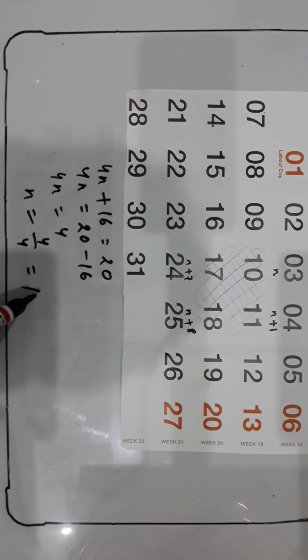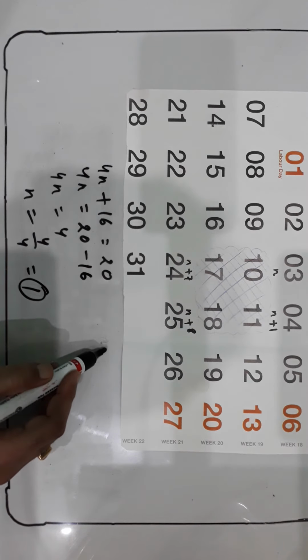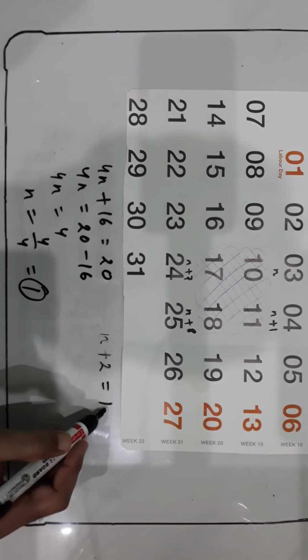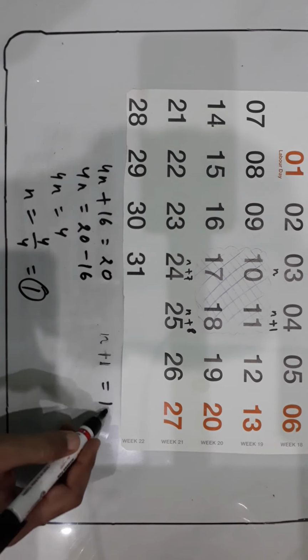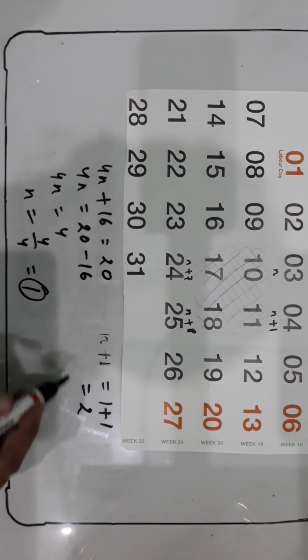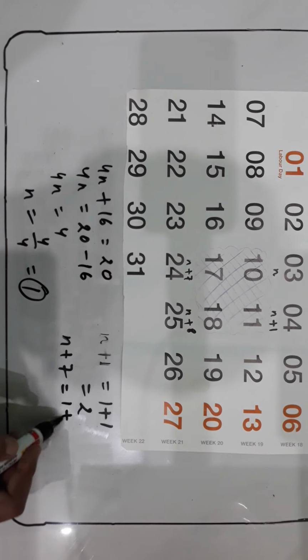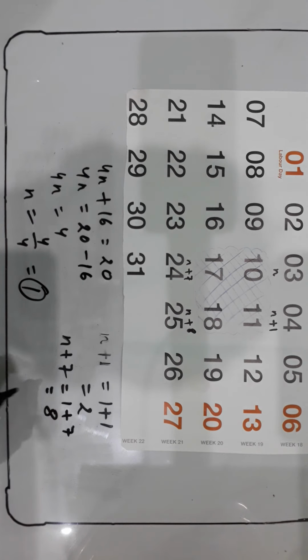It means that I have taken the first date as 1 over there, and then you can easily find out rest of the days. Why? Because the next date will be n plus 1, then it will be 1 plus 1, it means 2. Then the third date will be n plus 7, means 1 plus 7, means the third date will be 8. If you take the last date, which is n plus 8, means 1 plus 8, it means that the last date will be 9.